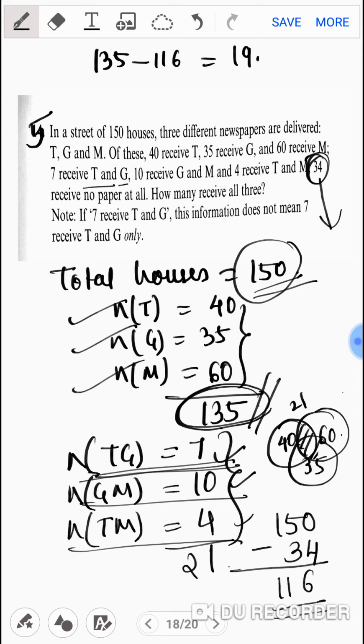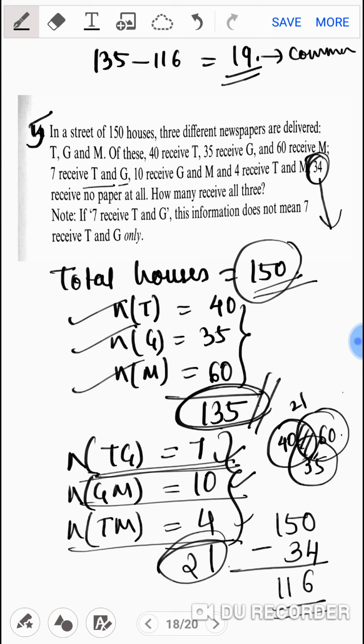Okay. Then we have this as 21. Now 19 shows that these are the common houses which are getting two papers together. That means T also, G also, or G also, M also, or M also, T also. So 19 houses receive common.